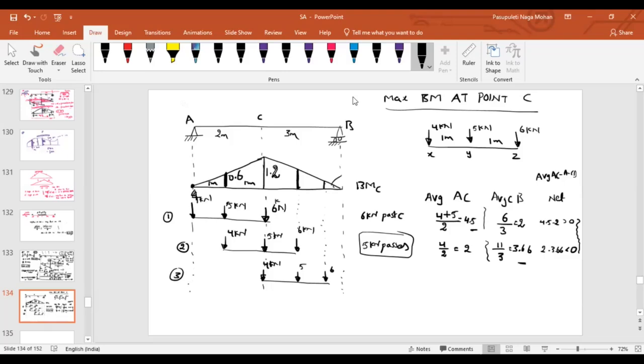What about this? What about the slope here, first of all? What about the slope for bending moment? Opposite by total length. What is the opposite? 2. What is the total length of the beam? 5. That will be equal to 0.4. Now tell me, what about this ordinate? From here to here it is 1 meter. From here to here it is 1 meter. From here to here it is 1 meter. What about this ordinate?